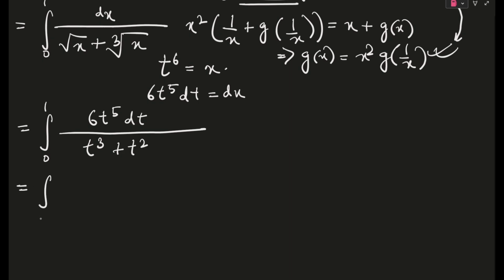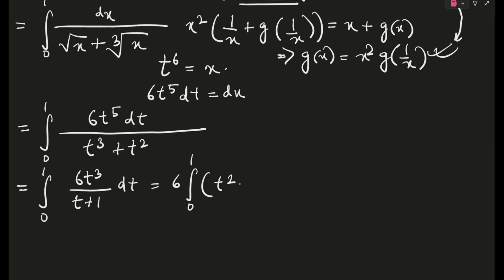If we do a small cancellation of t square, this thing will become 6t cube by t plus 1 dt. And now what we are left with is 6 times integral 0 to 1 of t cube by t plus 1.